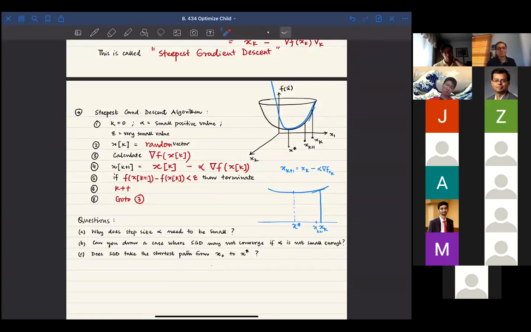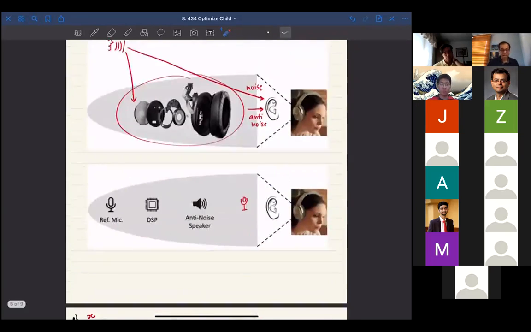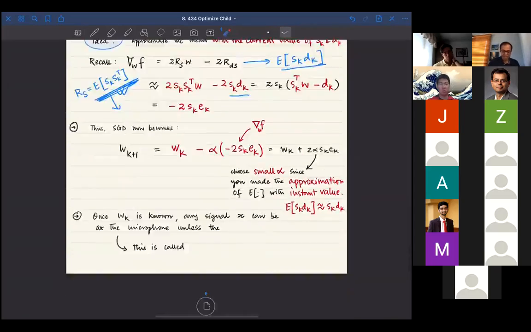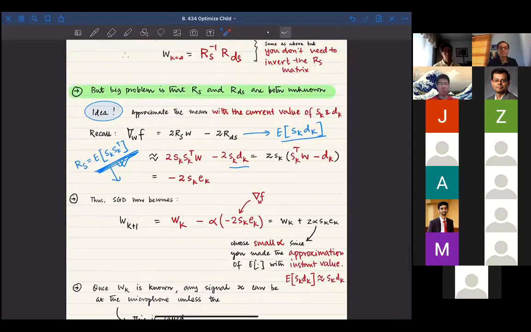That's a good way to say it. When EK equals 0, I'll stop. But there's noise and all of that, so EK is not going to be 0. So when EK is less than some epsilon, I'll stop.